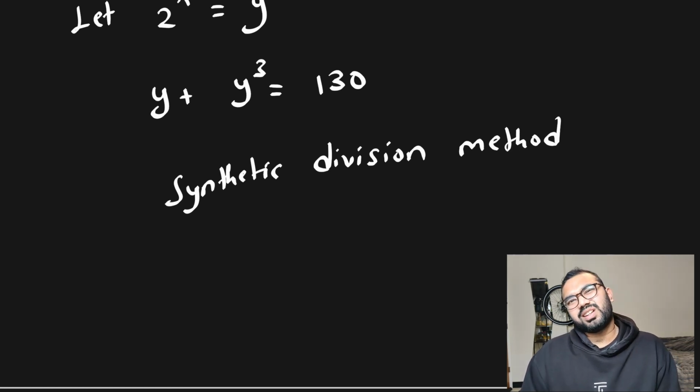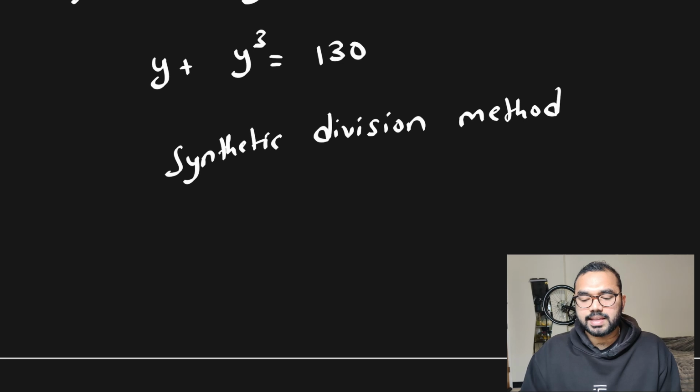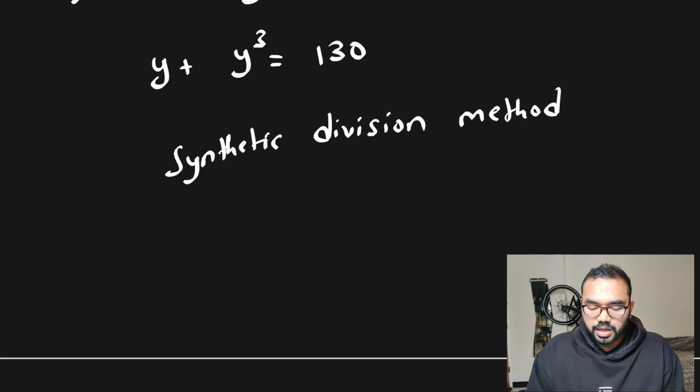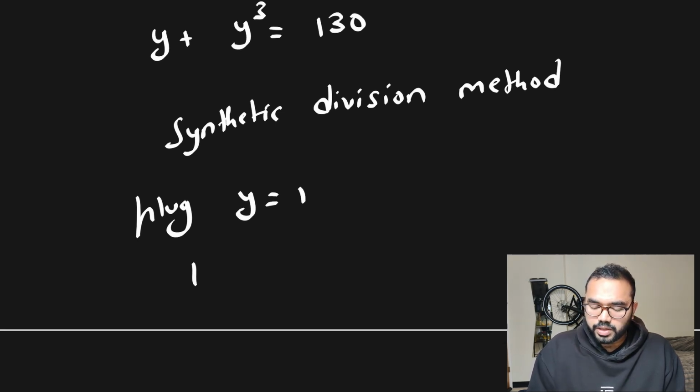Well, for applying the synthetic division method, we need a root, a value for y that satisfies the given equation. Well, how do we get that? Let's plug in some values and see if we can get 130. So let's plug in y is 1 and see what we get. 1 plus 1 cubed is 1 plus 1 is 2, but not equal to 130.